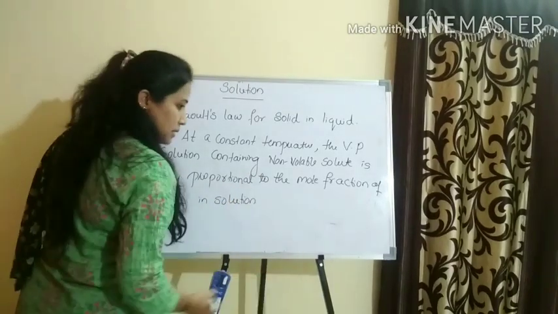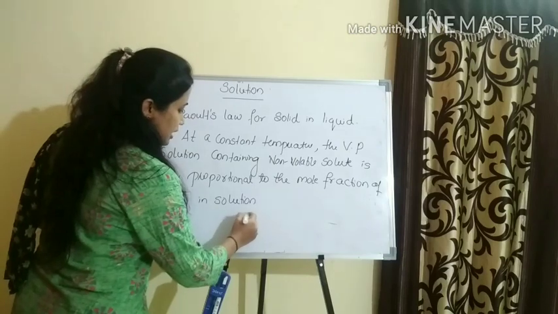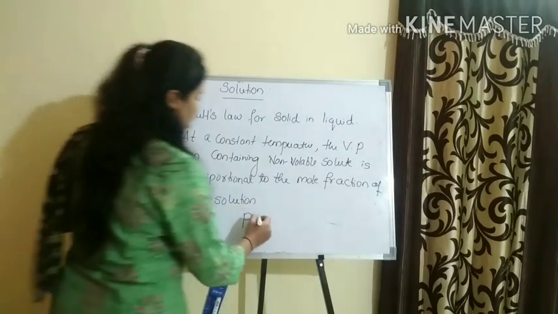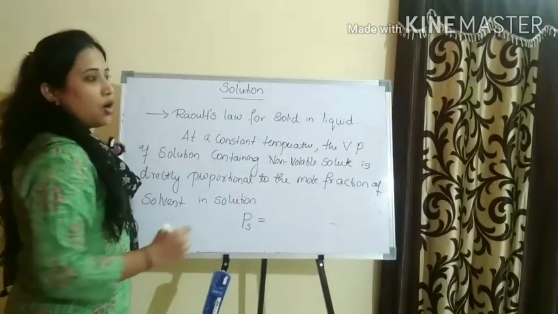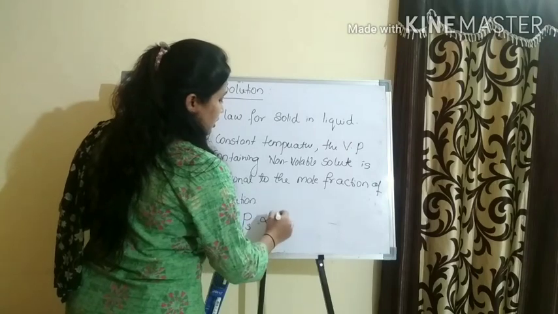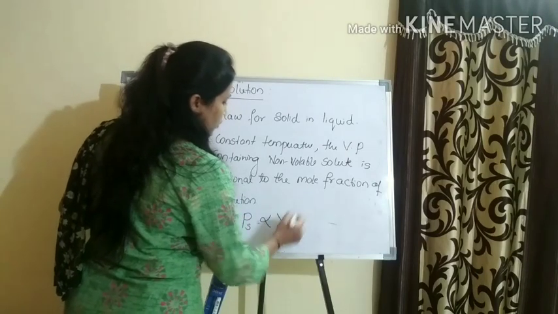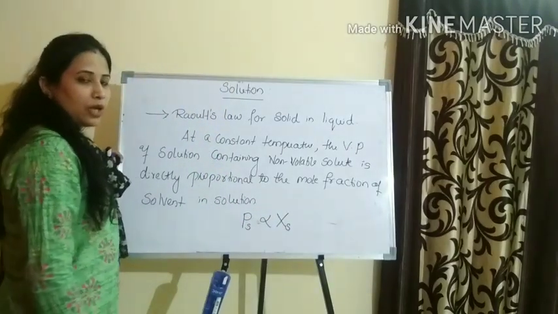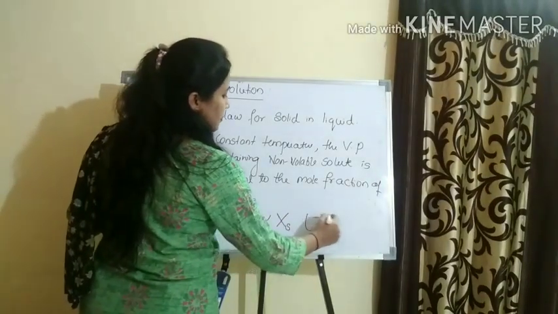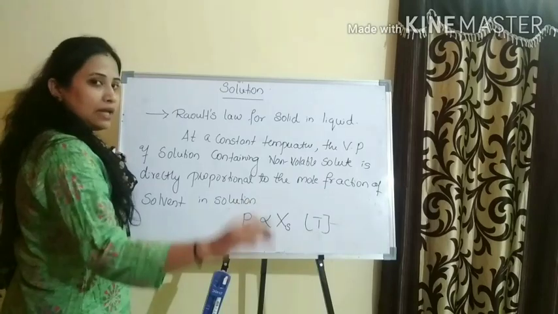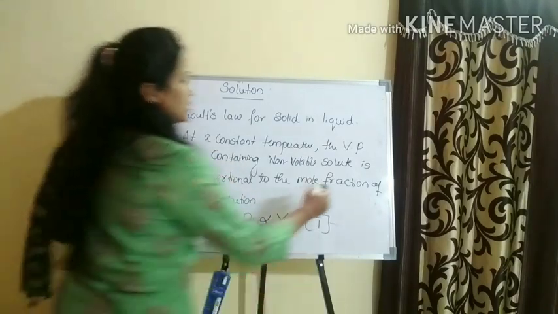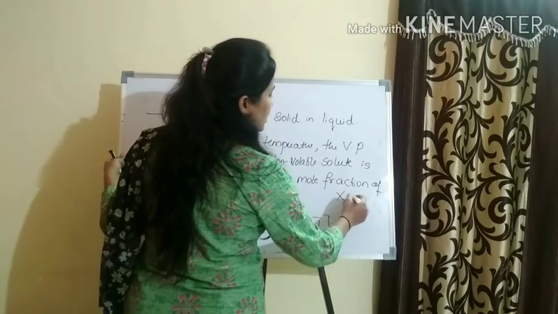So can I write the mathematical expression where Ps, the vapor pressure of a solution, or the partial pressure of a solution, is directly proportional to the mole fraction of the solvent at constant temperature? If it is a pure solvent, the mole fraction value is equal to 1.